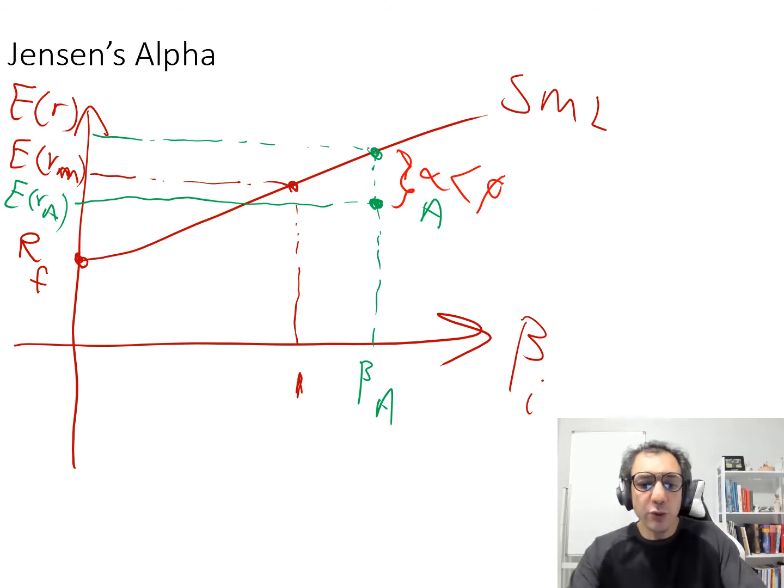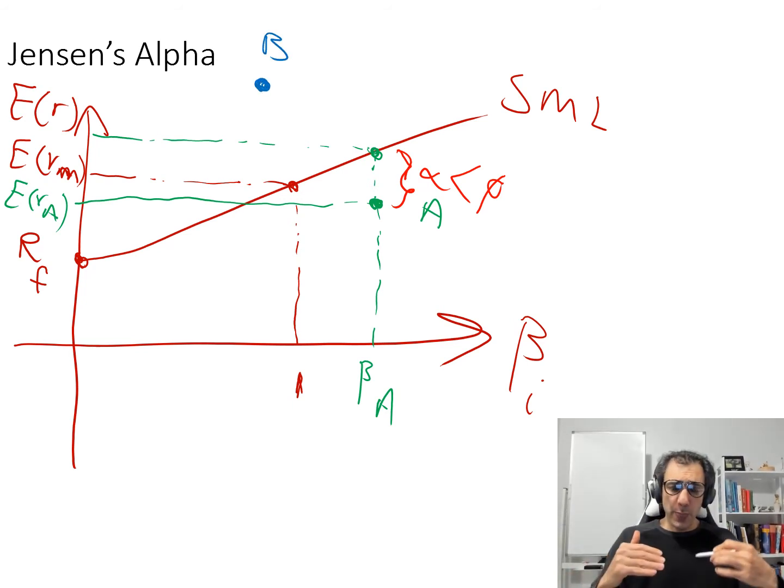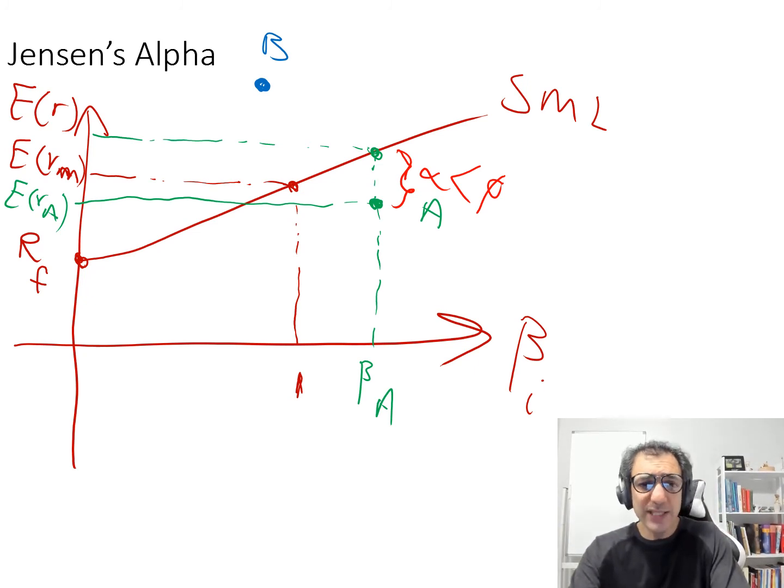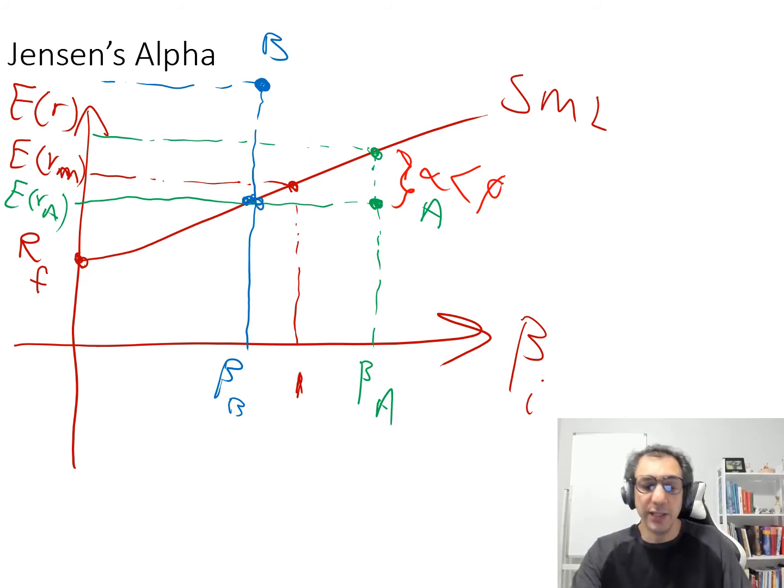Or let's assume that you were able to find another asset. So let's call this B, which is above the line. For this B, with the same argument, here is the beta of B, and here is the expected return of B. Here is what the model is estimating you to get.